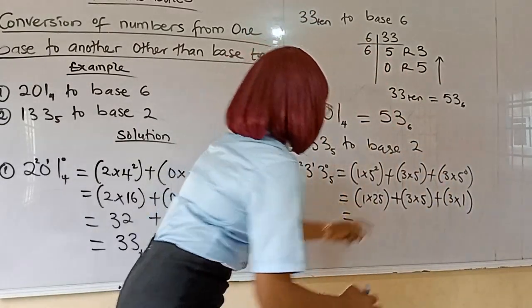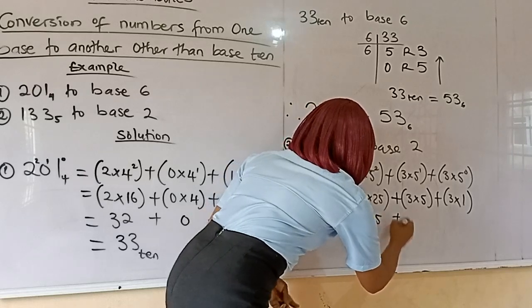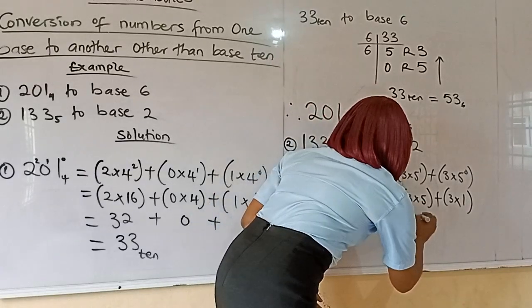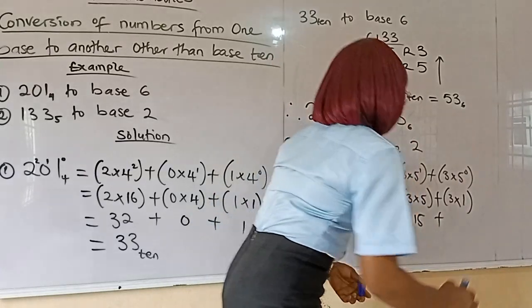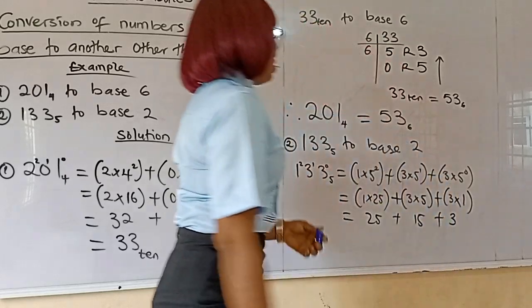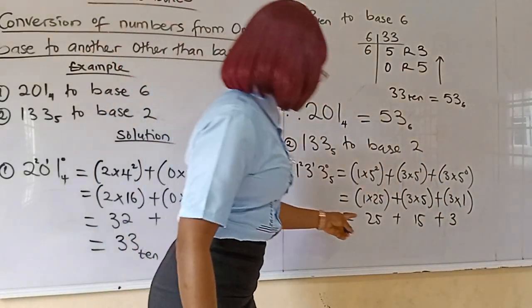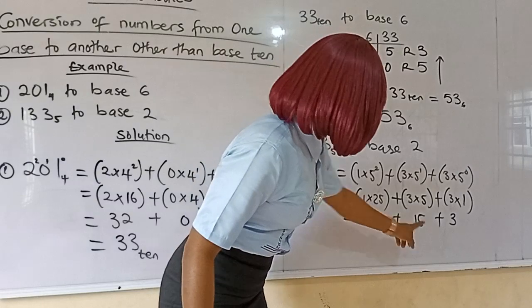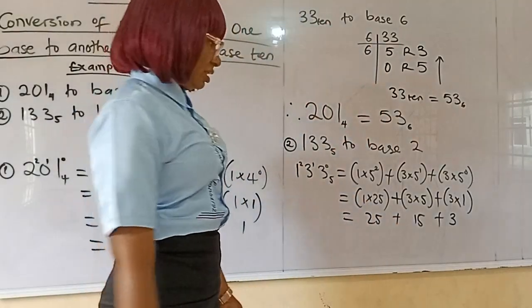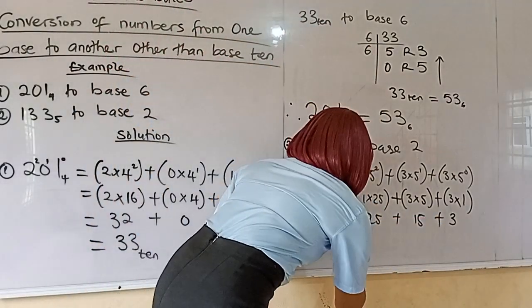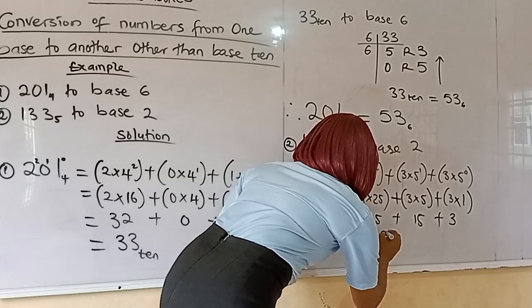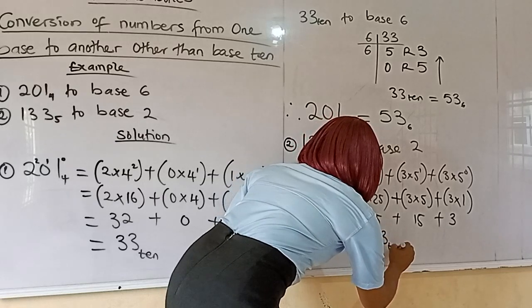Okay. 1 times 25 is 25, plus 3 times 5 is 15, plus 3 times 1 is 3. You add them together. 25 plus 15 is 40, and 40 plus 3 is 43. So this is 43 base 10.